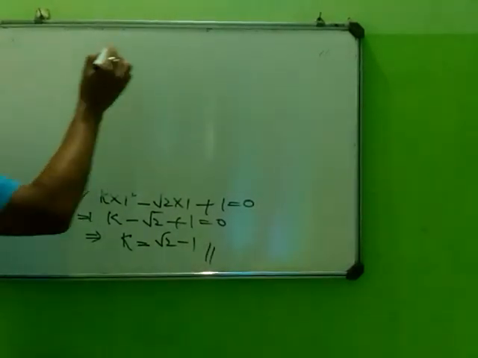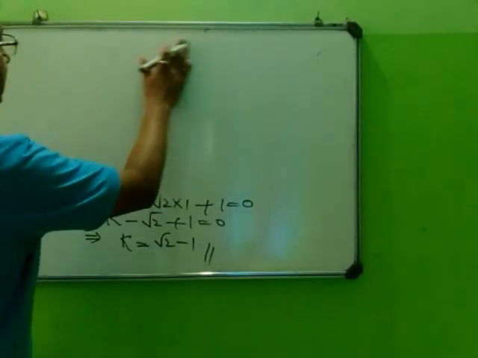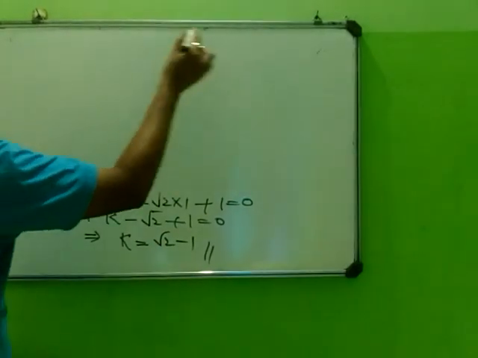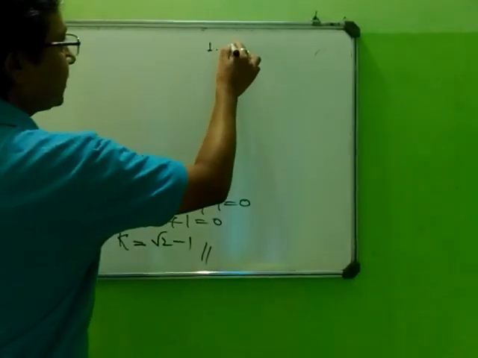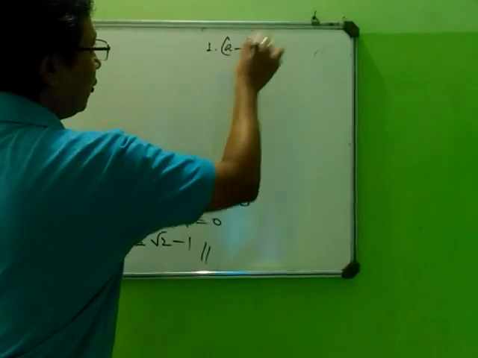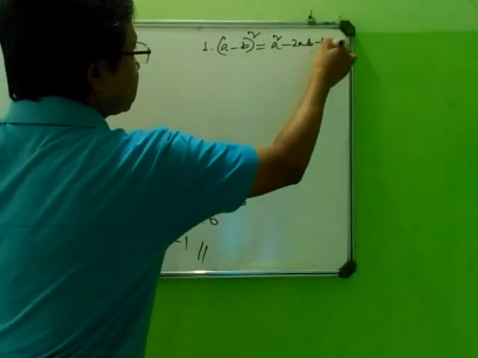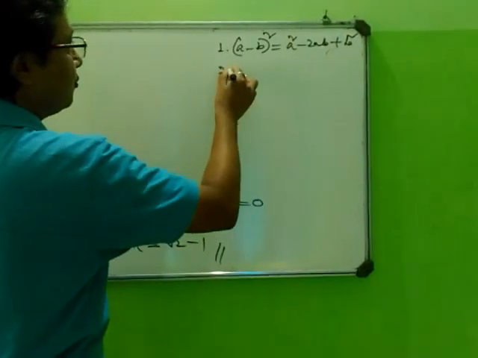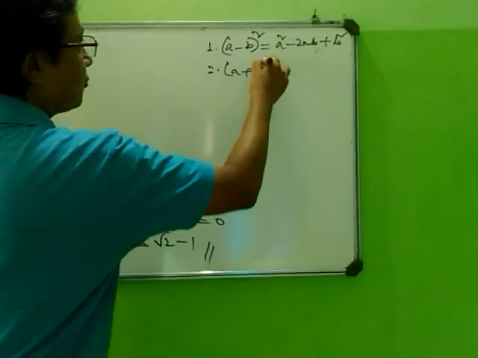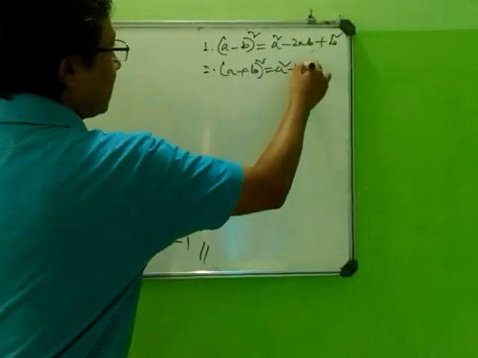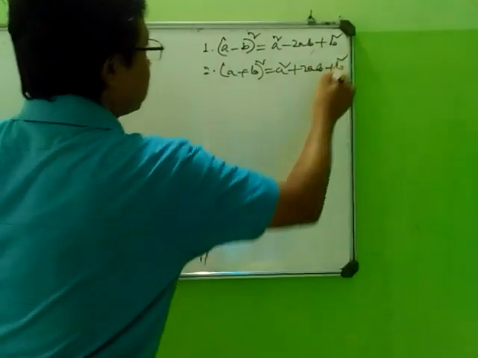So some identities that you have got in class 8. Number 1, you got (a minus b) whole square equals a square minus 2ab plus b square. Then you got (a plus b) whole square is equal to a square plus twice ab plus b square.